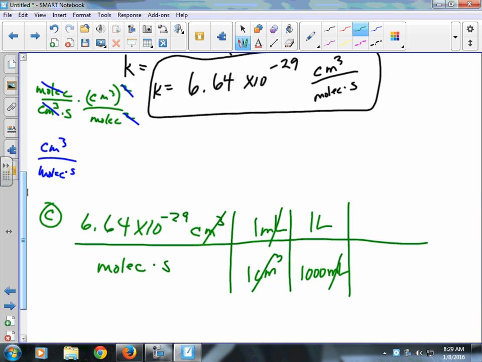If we had this many marbles, it would cover the Earth in a depth of 2 miles. 6.022 times 10 to the 23rd molecules is 1 mole. Ain't it cool? All right, so molecules is downstairs, so we're going to put it up here to get rid of it.